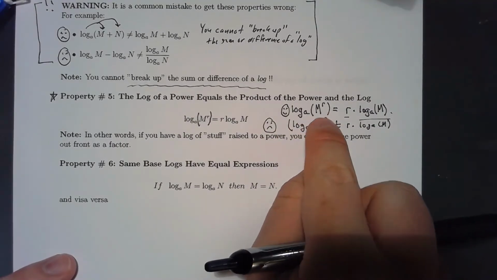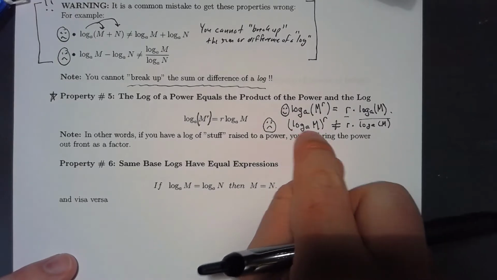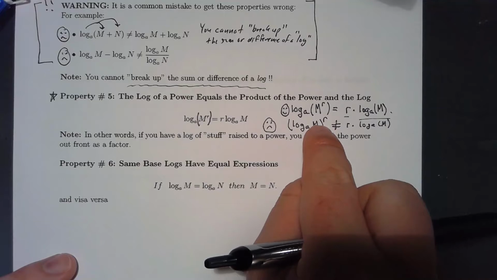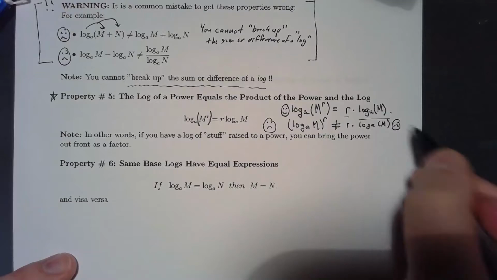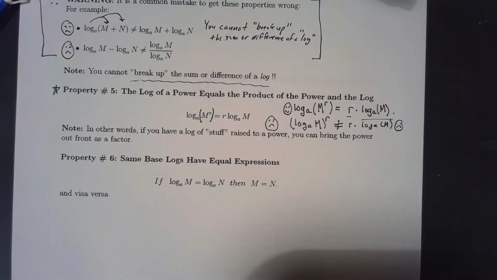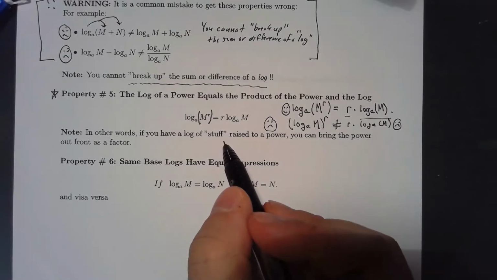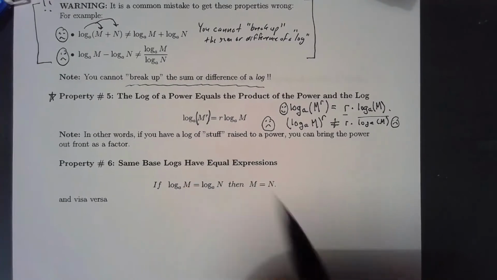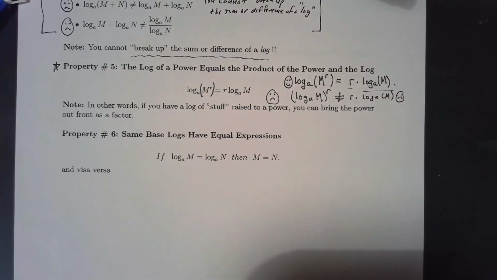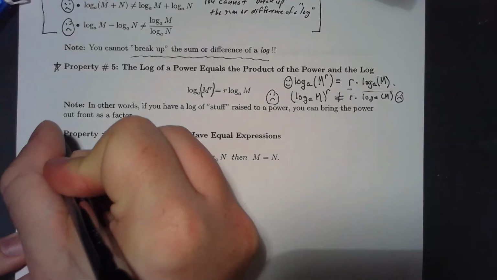M to the r power is going into the function. This one here says m is going into the function and the whole expression is being raised to the r power. You cannot do that. All right. This is what's going on here. If you have a log of stuff raised to a power, so if the stuff in there is raised to a power, you can bring the power out as a factor. You know, this might seem like a lot, but when you start working with the properties, they kind of sink in.